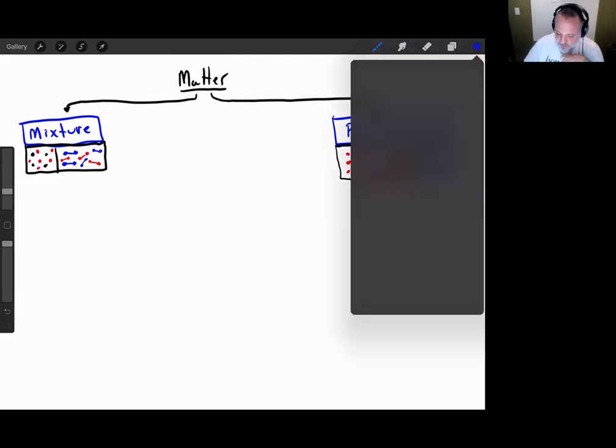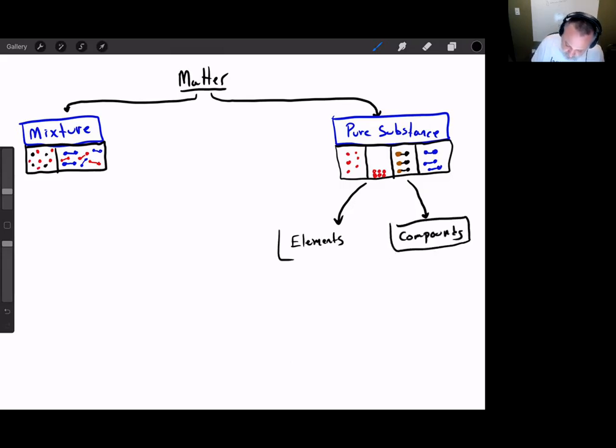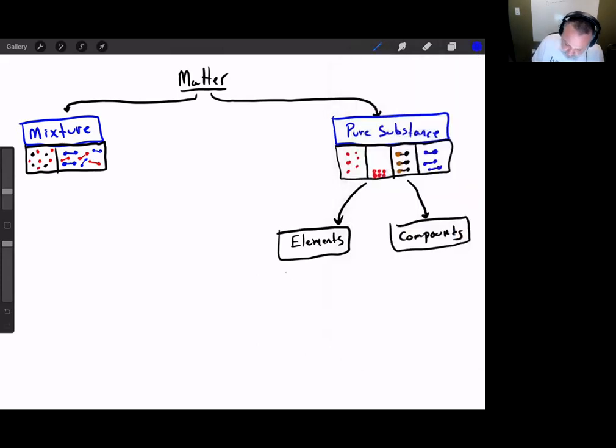Okay. When it comes to pure substances, I've already drawn the picture of the two different ways that we can find the pure substance. They can be elements or they can be compounds. And right now we have all of the language we need to draw pictures of what elements could be. Elements could be a collection of blue atoms.